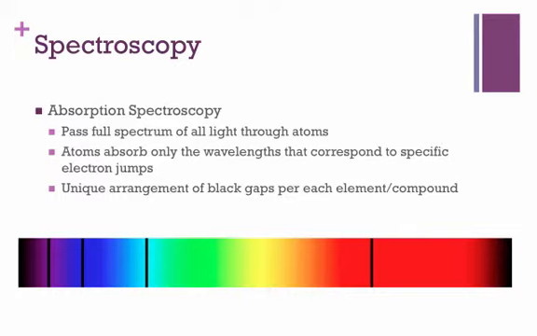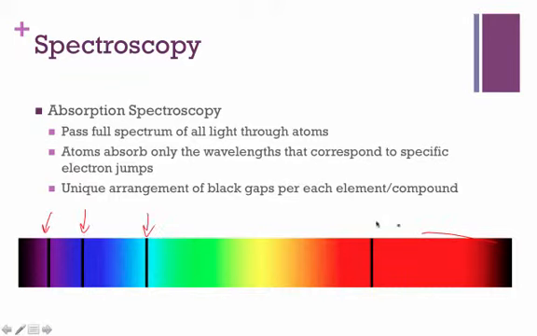The second type of spectroscopy we look into is absorption spectroscopy. In absorption spectroscopy, you basically bombard your atoms with a full spectrum of all possible lights, all of the visible light spectrum. Because the atoms can only absorb exactly enough energy to make specific jumps, we end up seeing, and this is what we looked at earlier in our video, these little gaps that show up here.